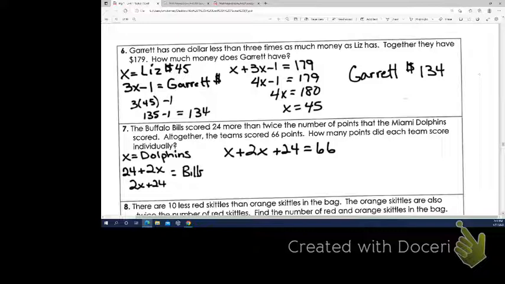And in this case, we are supposed to give answers for both. So I'll leave you to fill in the gaps. You can pause me now if you'd like to try it before I tell you. But your final answer should be that Miami has 14 points and the Bills scored 52 points.